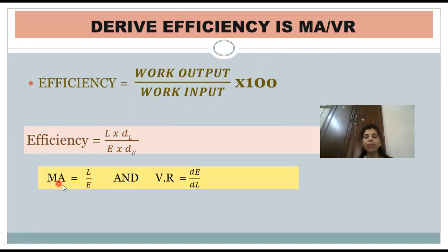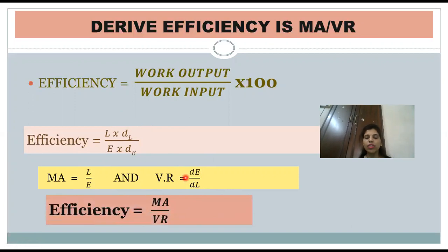Now as you know, MA is load upon effort and VR is D upon DL. We have seen that. So as VR is D upon DL, 1 upon VR, if we are taking the reciprocal, it will be DL upon D. So when we substitute L upon E as MA and DL upon D as 1 upon VR, we get efficiency as MA upon VR.